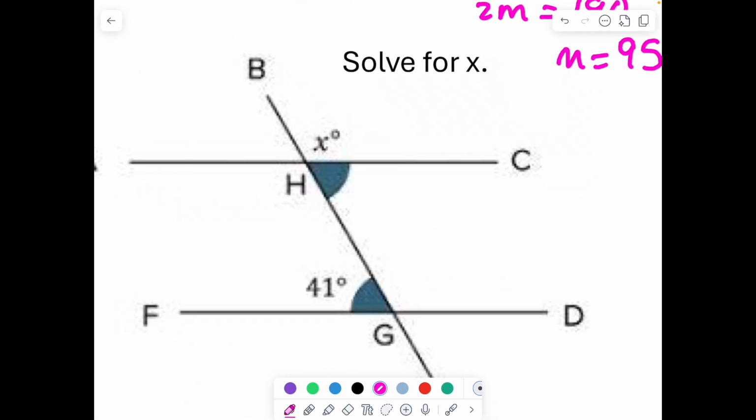Solving for x here, let's see, these two angles are alternate interior, which means they're the same. So this angle is 41 degrees. And then x and this angle make a straight line, so x plus 41 should add up to 180. And 180 minus 41 is 139.